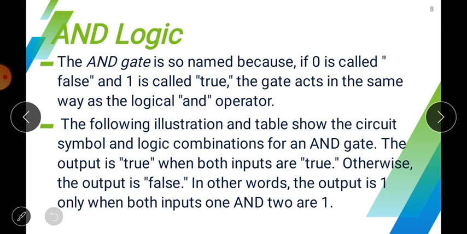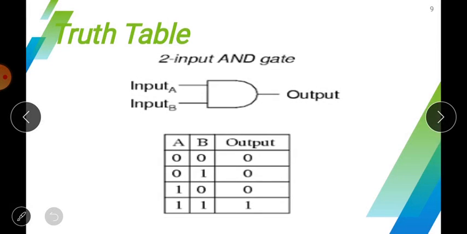The first condition is true and the second condition is also true, then only you will get the output as true. Otherwise, in every situation, if any condition is false, then you will have the output as false or 0.